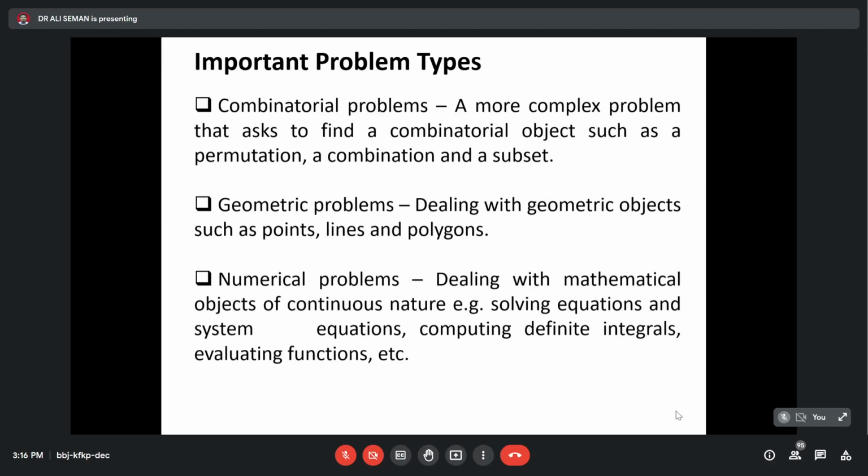And finally, the numerical problem, dealing with mathematical objects of continuous nature, like functions. For example, solving equations and systems of equations, computing definite integrals, and so on. The GCD we discussed just now, the Euclid algorithm, falls under this numerical problem.